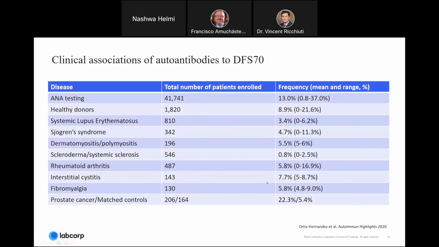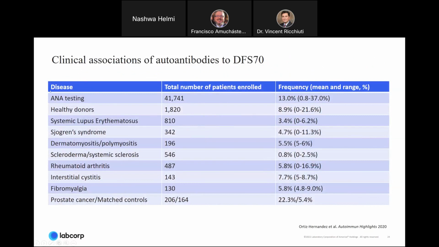This is a table that summarizes the study from Ortiz-Hernandez. I indicated the disease listed on the left. I also indicated the total number of patients enrolled, just to give you an idea of the power of the study, and then the frequency with the mean and the range.